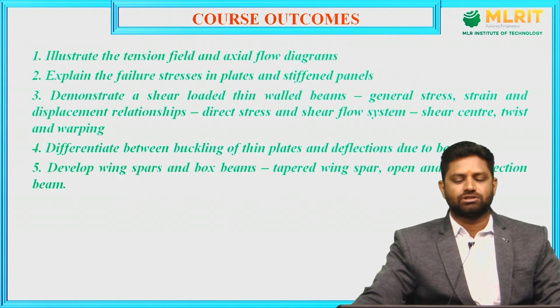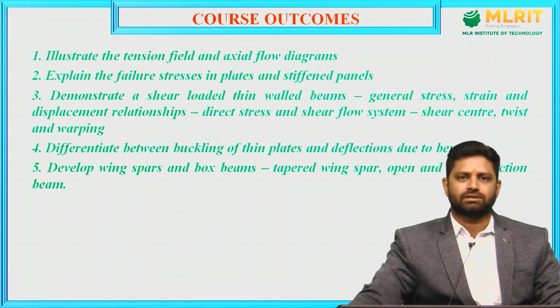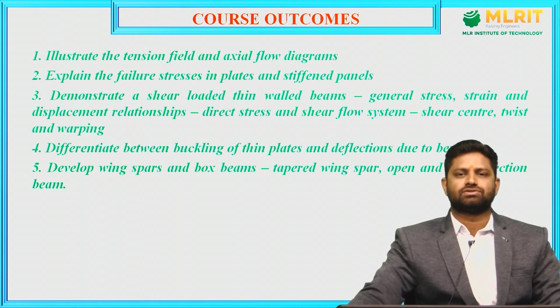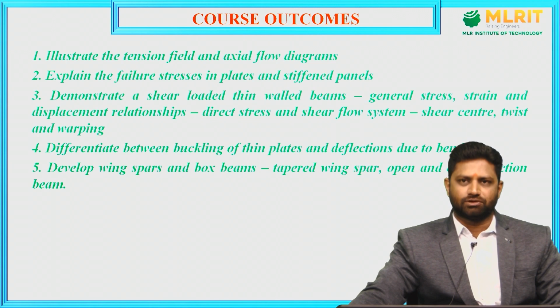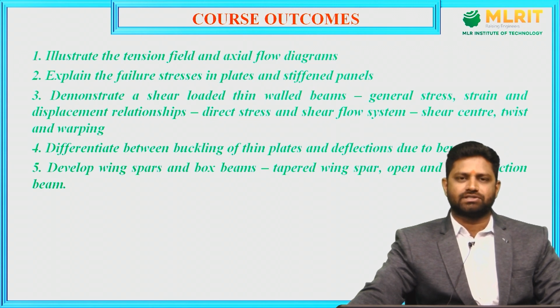Coming to the course outcomes of this subject, at the end of this semester the students are able to illustrate the tension field and axial flow diagrams, and explain the failure stresses in plates as well as stiffened panels, and demonstrate shear loaded thin wall beams. Usually we will have stress strain displacement relationships as well as direct stress and shear flow system, shear center, twist and warping.